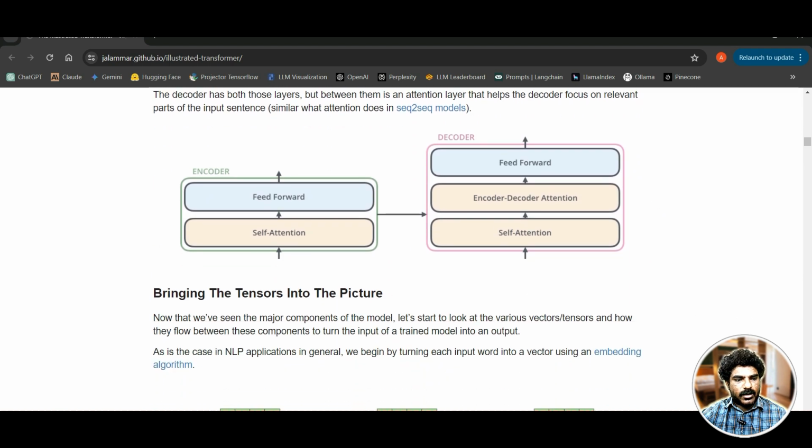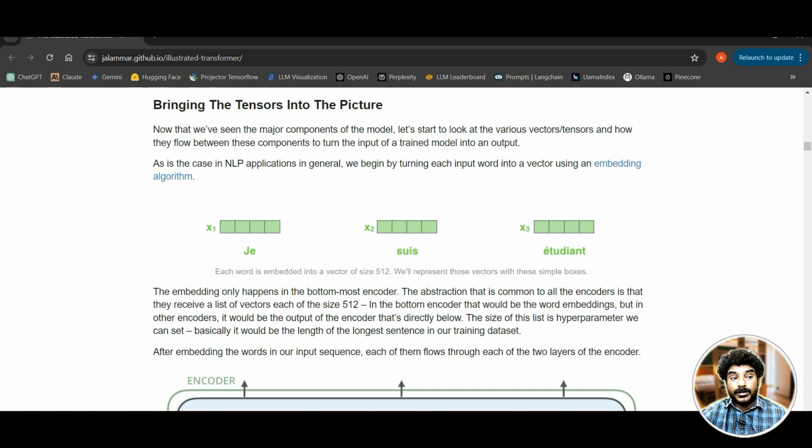Let's move on and see. Here he is bringing the tensors into the picture. If you are working on any NLP use case or textual data, your sequence of data will have words. Those words have to be converted to some numerical format, or you can say vectors. Those vectors are created using something called embeddings.